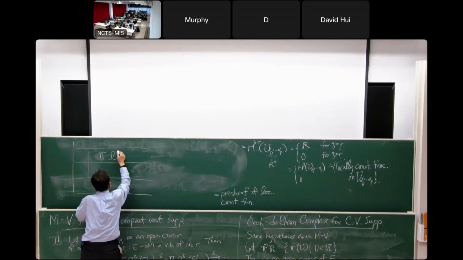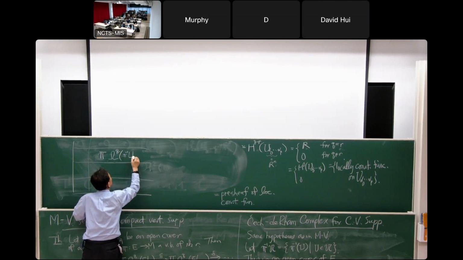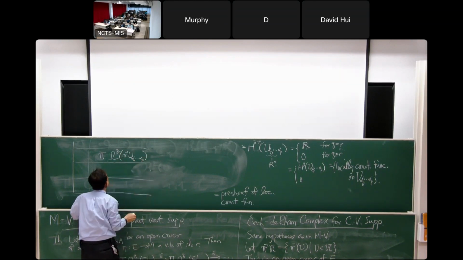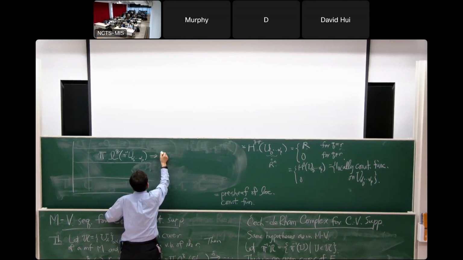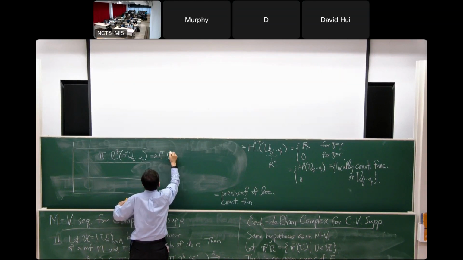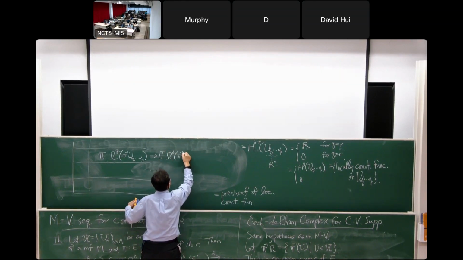So we have Ω^q(π^{-1}U_{α0...αp}), and then that goes to Ω^q(π^{-1}U_{α0...αp+1}).